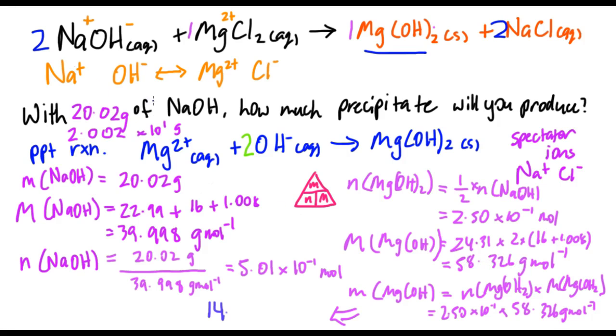So the smallest number of significant figures is our mass here, 20.02. So we need to show it to 4 significant figures. 14.5815 to 4 significant figures would be 14.58 grams. And there you go.